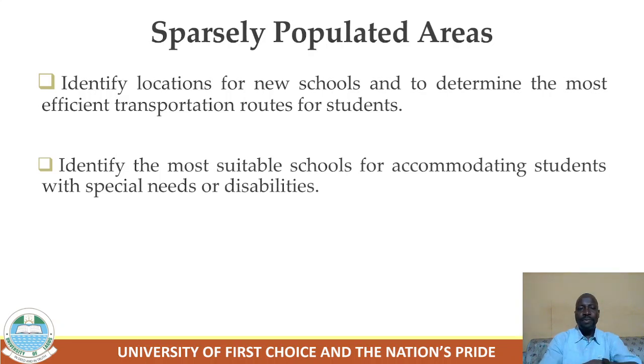We can also use school mapping exercise to identify the most suitable schools for accommodating students with special needs or disabilities. Because there are few schools and because students have to travel long distances before they can attend school, we can use school mapping exercise to identify the areas that will be most suitable to accommodate students with special needs or disabilities.